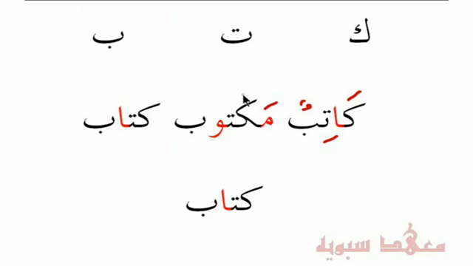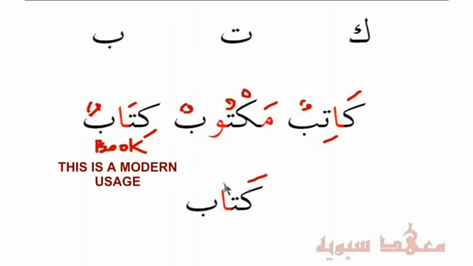Maktub is the thing that is written, the passive participle. Now kitab, on the other hand, kitab means a book. Sorry about that. Kuttab means authors.